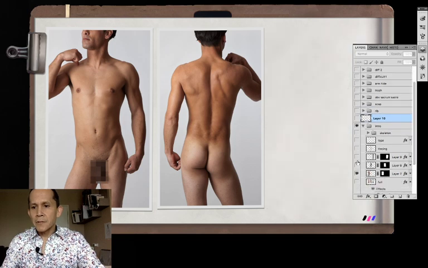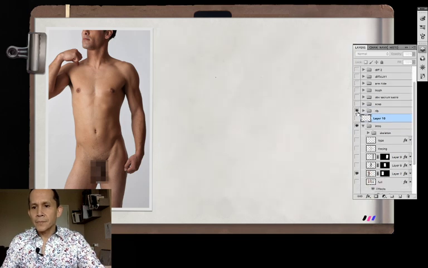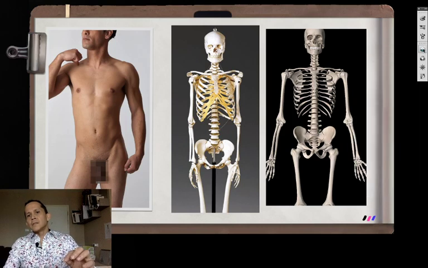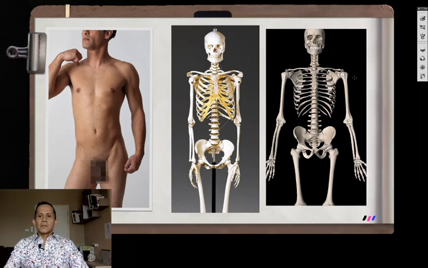So the most important thing that we're looking for in the torso, obviously, are the bones, the major bones.